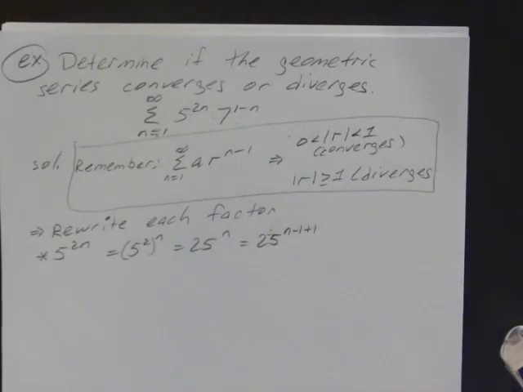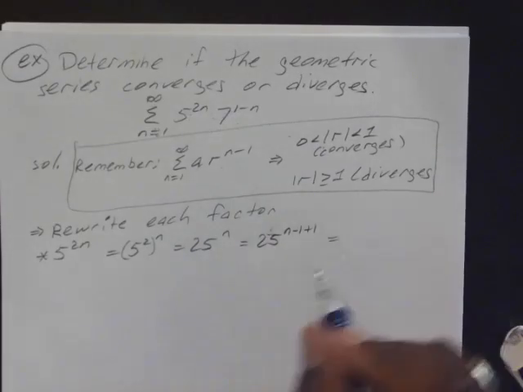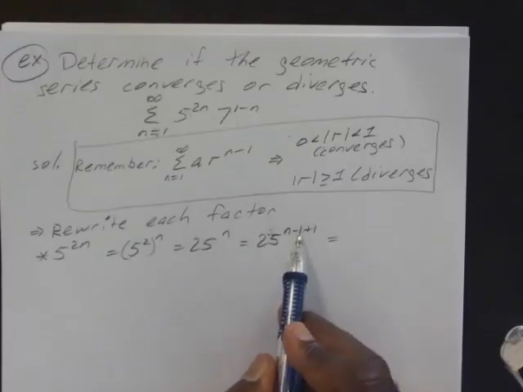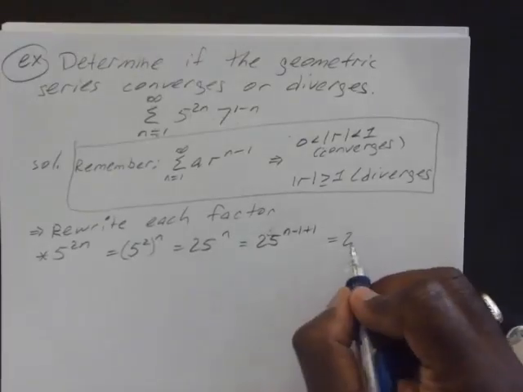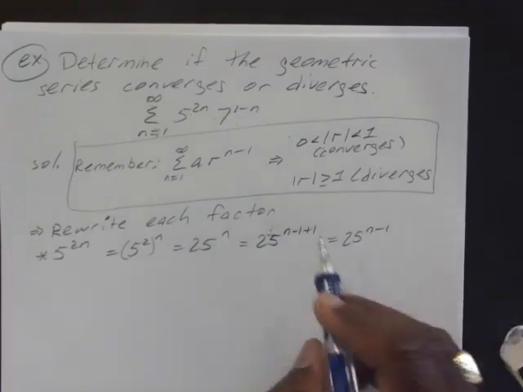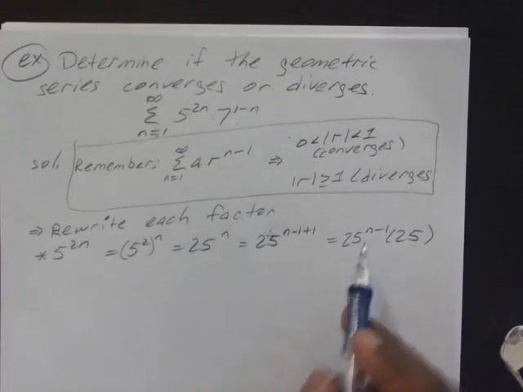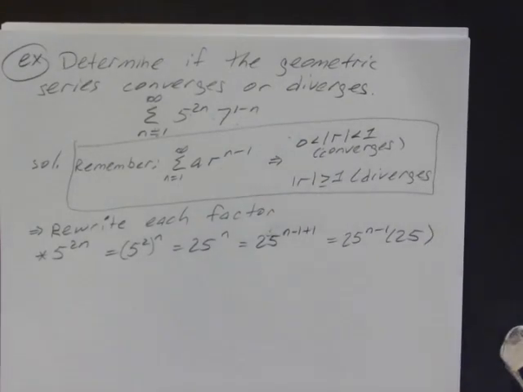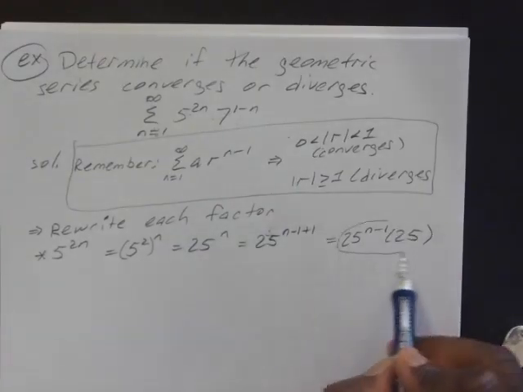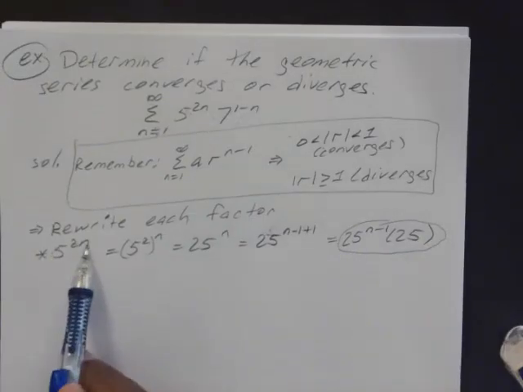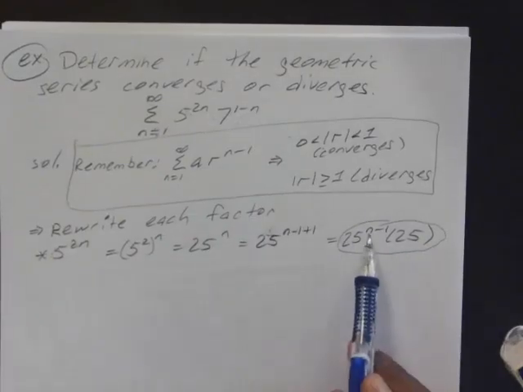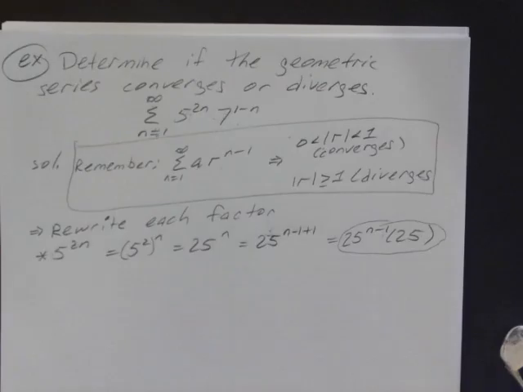This way we won't have to rewrite it. Okay, so that gives us 25 to the power of n minus 1 times 25 to the first power, which is just 25. So we can rewrite our 5 to the power of 2n as 25 times 25 to the power of n minus 1. So we have our n minus 1 power.